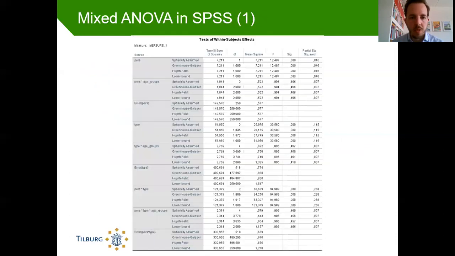And let me show you what this basically means. So here is output from a mixed ANOVA being done in SPSS. And what you will get is a table with within subjects effects. And actually a very similar table, so also a table with within subjects effects, you will get when you do a repeated measures ANOVA.